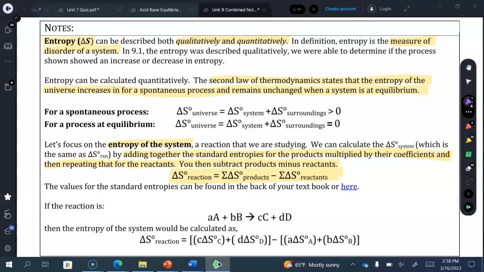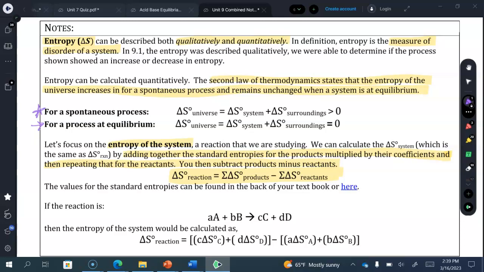The second law of thermodynamics states that the entropy of the universe increases for spontaneous processes and remains unchanged when a system is at equilibrium. So we have our spontaneous process expression here, and the one showing that it is at equilibrium below. Let's focus on the entropy of the system, the reaction that we are studying.